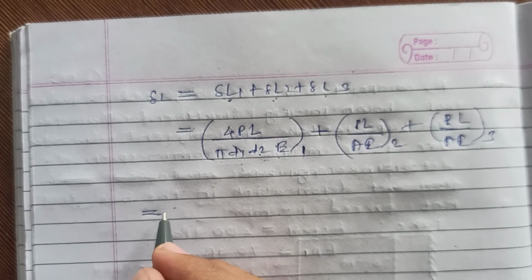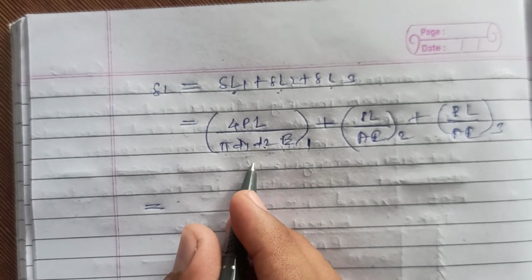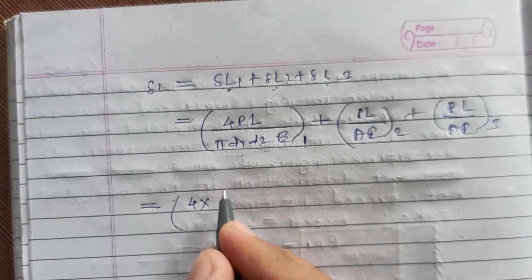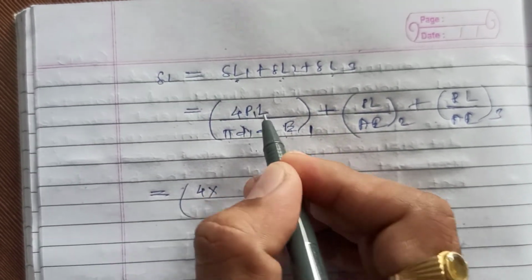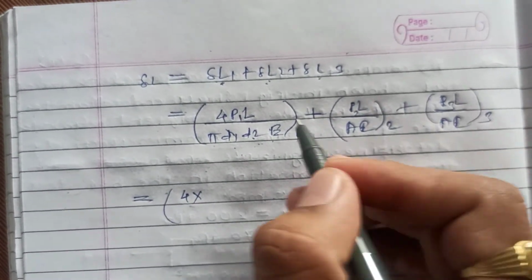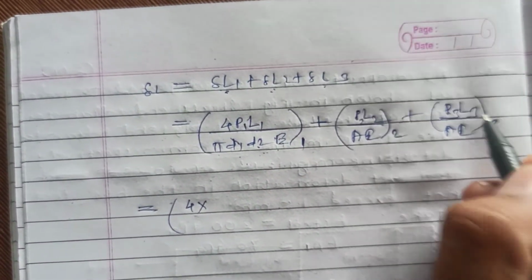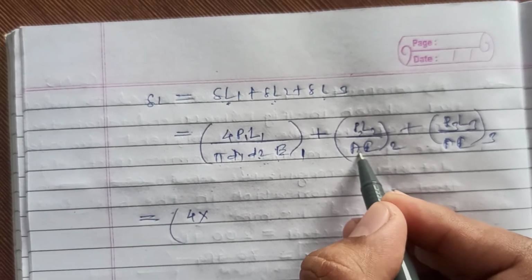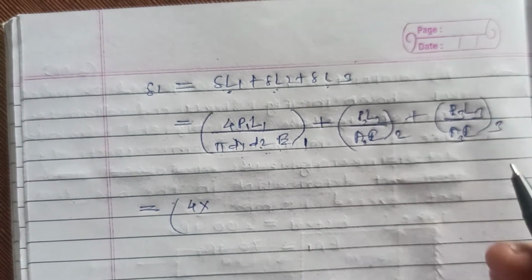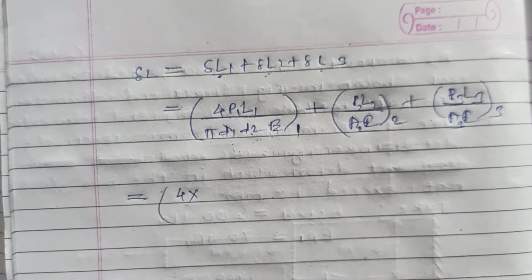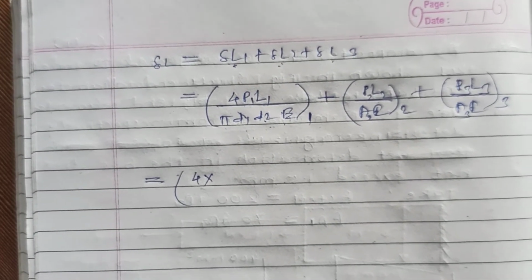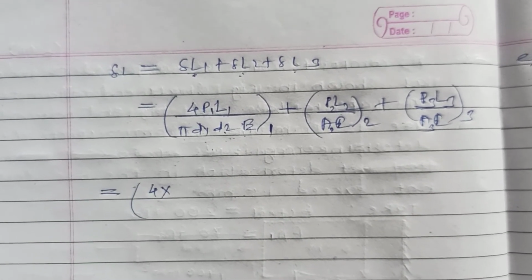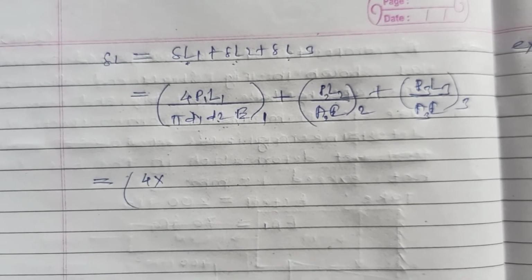Put all the values in this formula: 4 into P1, P2, P3, L1, L2, L3, this is A2 and this is A3. So put all the values in the above formula, and we will get the value of P.